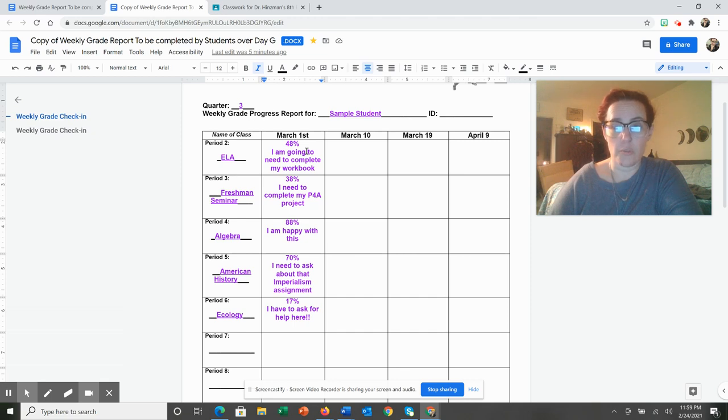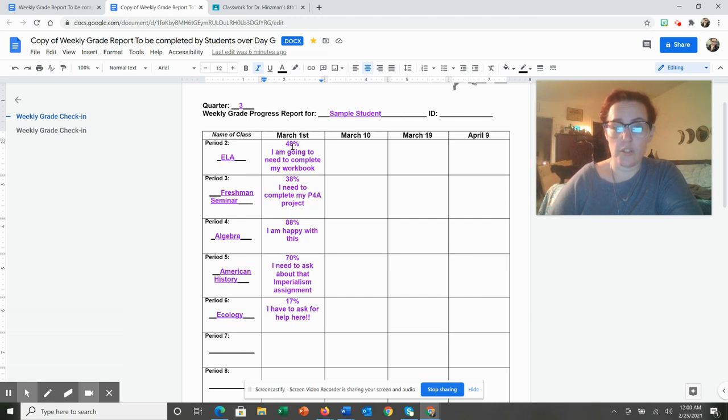You can get on that through the portal from the Reading School District site to get your current percentages in each of your courses.